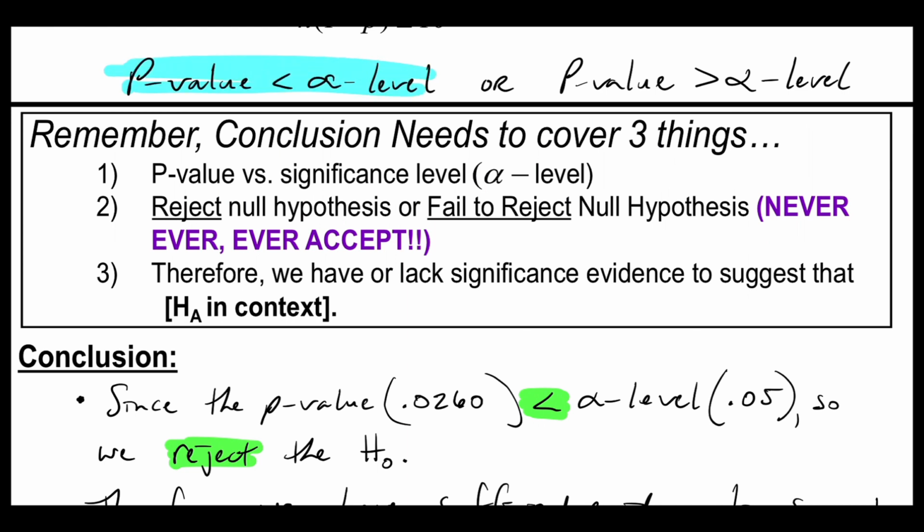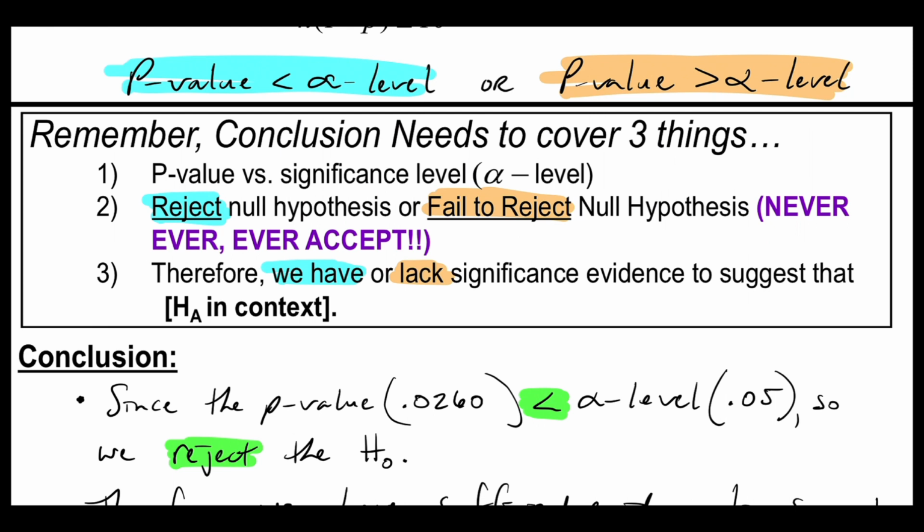If it's less than, we reject and we have, just like we just have on this one. If the opposite is true, if the p-value is too big, then we fail to reject and we lack significant evidence. Significance evidence is not proper English. So that's how you're going to know.